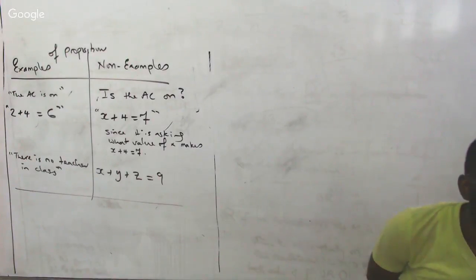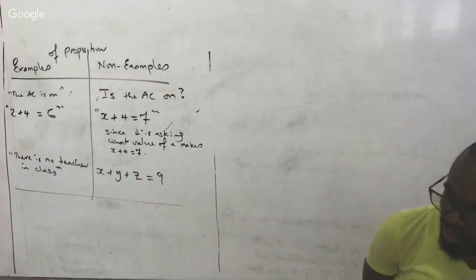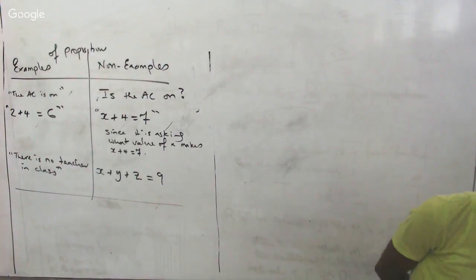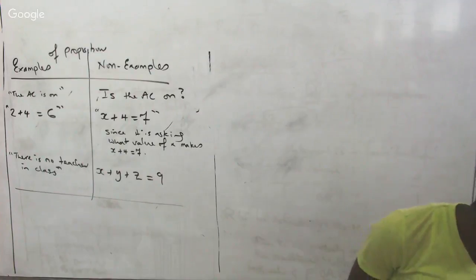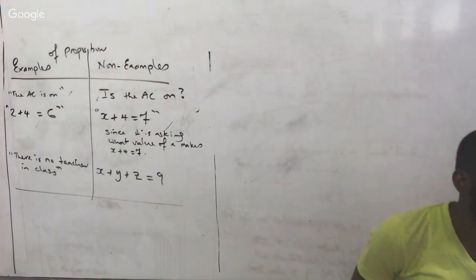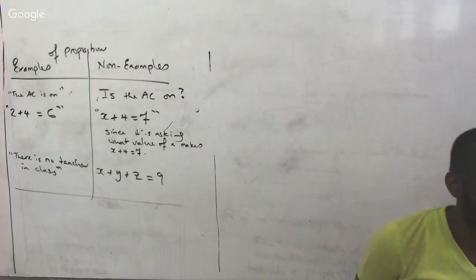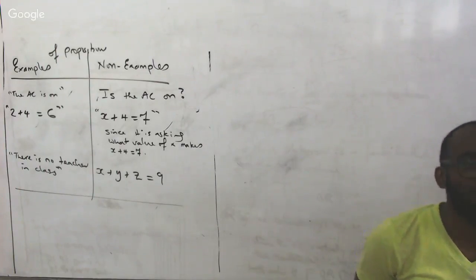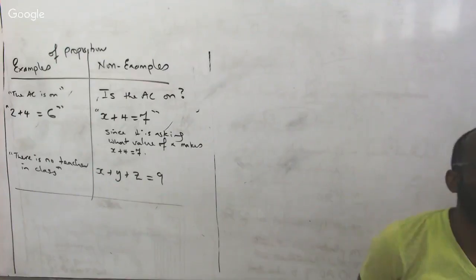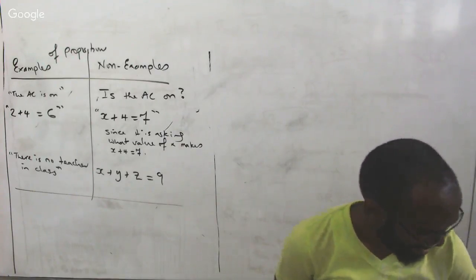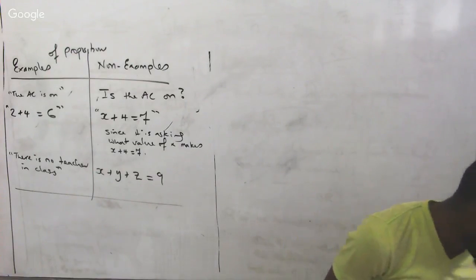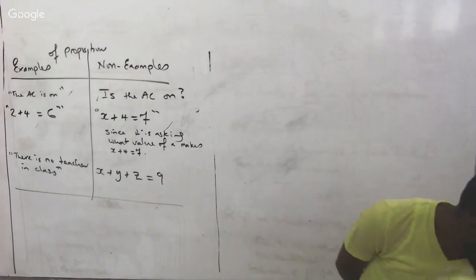But is it a proposition? Still a proposition, right? 17 plus 15 equals 32. Is that a proposition? Yes, by now we know that. And that truth value is T, not true. All right? Example 2.